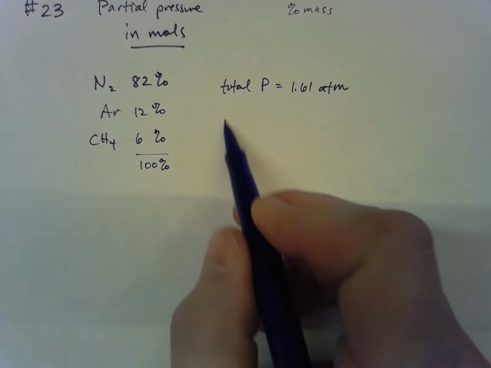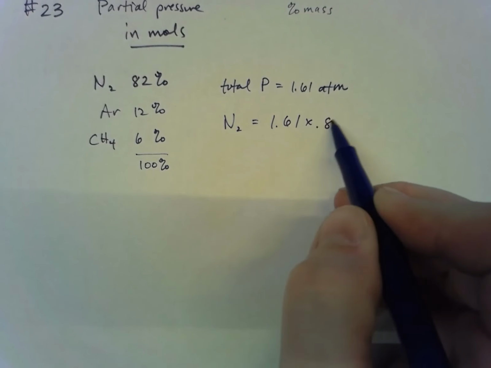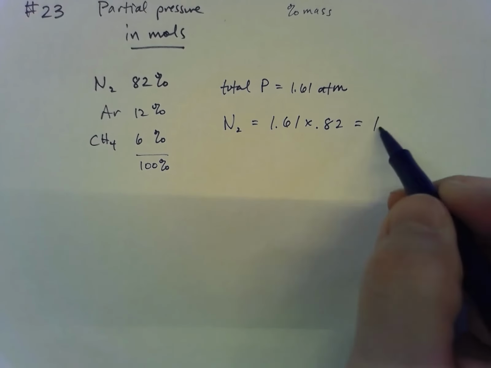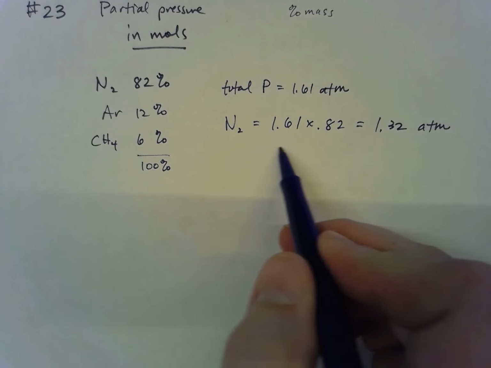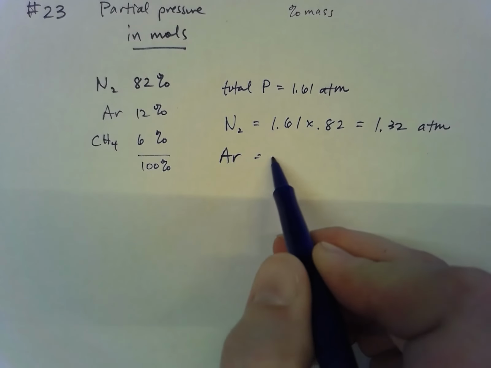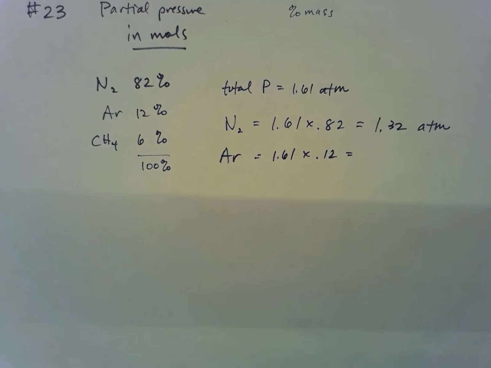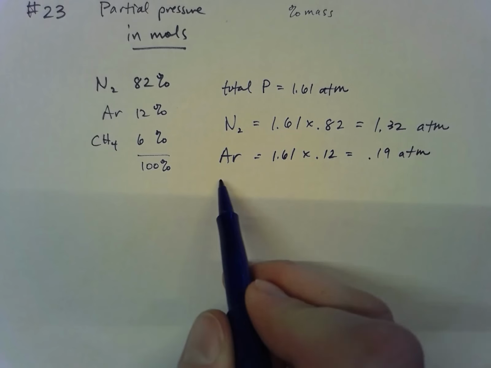For nitrogen, it's 1.61 times 0.82, and that gives us an answer of 1.32 atmospheres. Argon, 1.61 times 0.12, 0.19 atmospheres, and then methane.